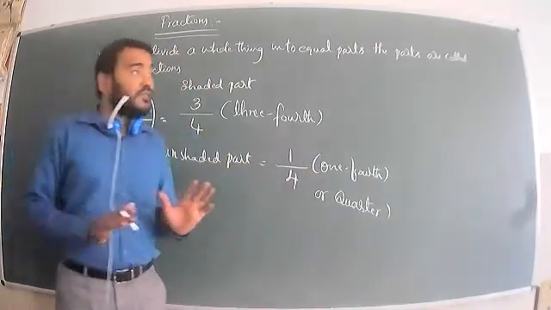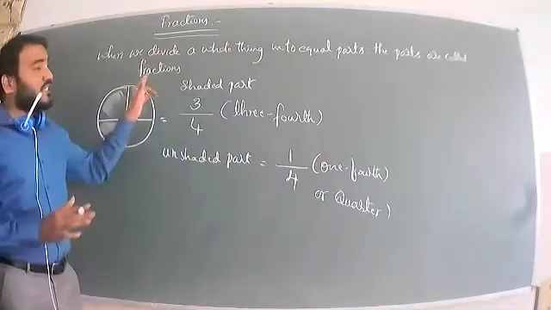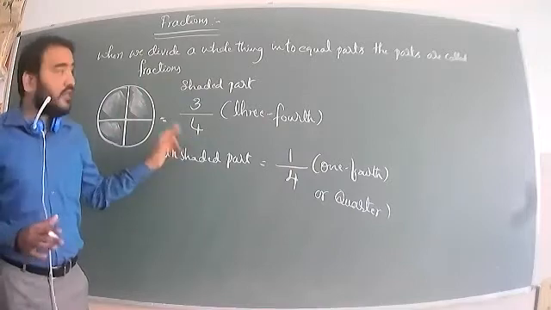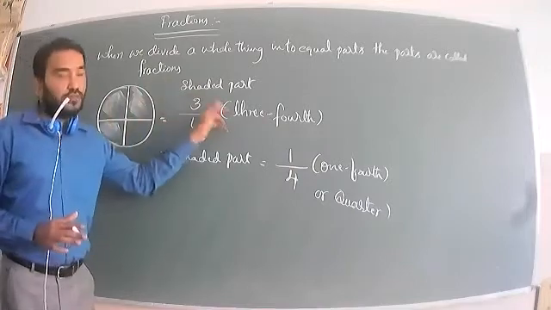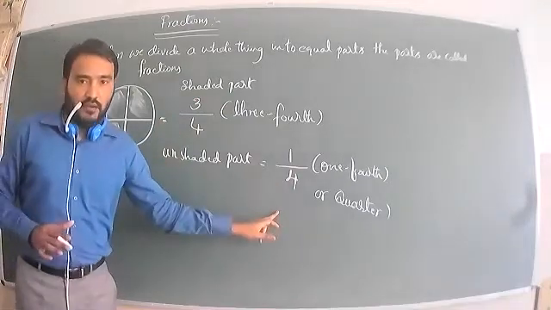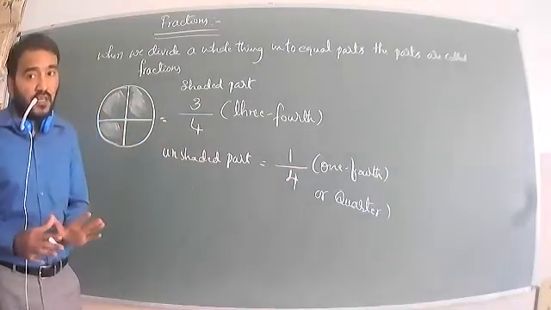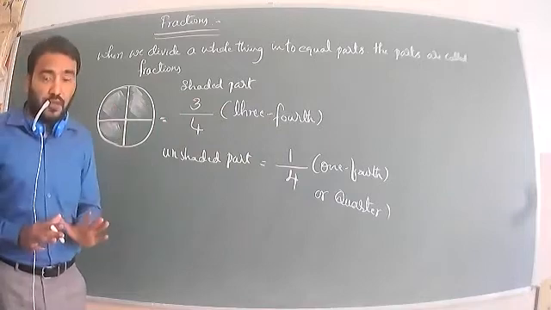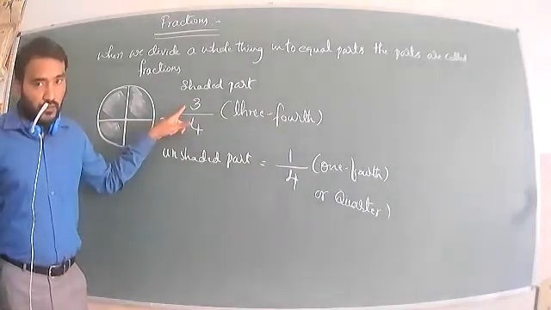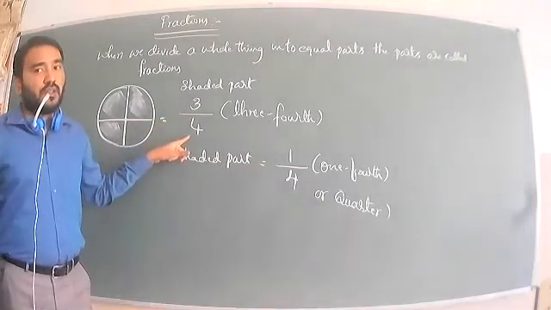So I explained the shaded part and unshaded part of the fraction, and what numerator and denominator mean. The upper number is called the numerator, and the lower number is called the denominator.